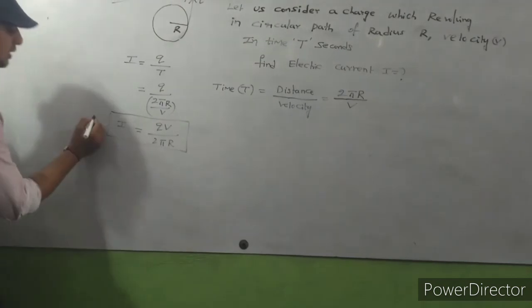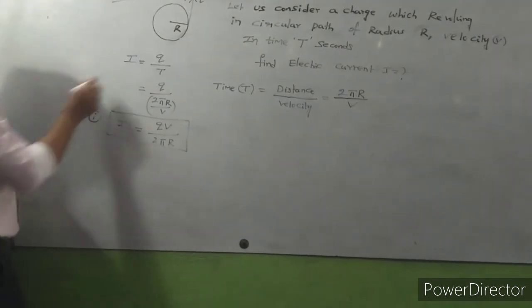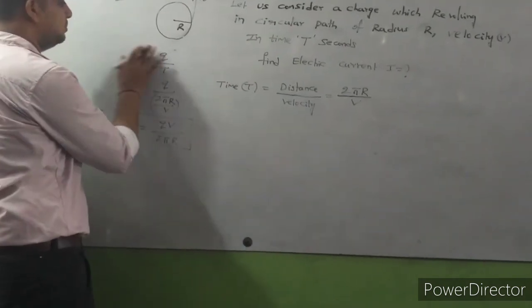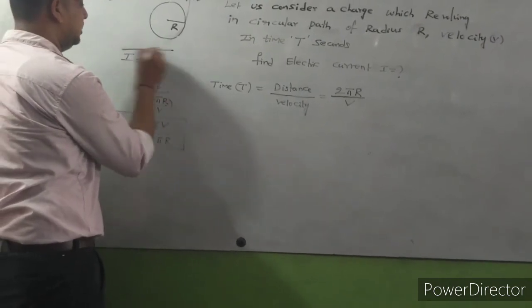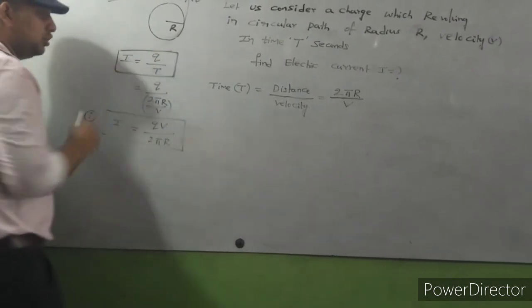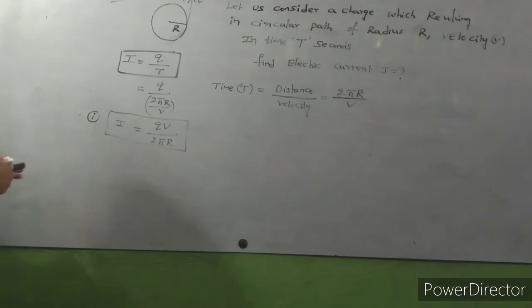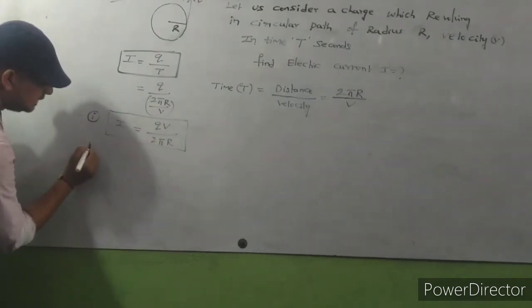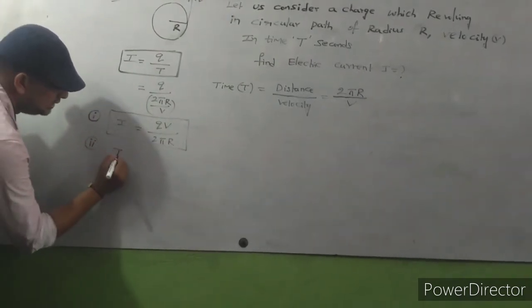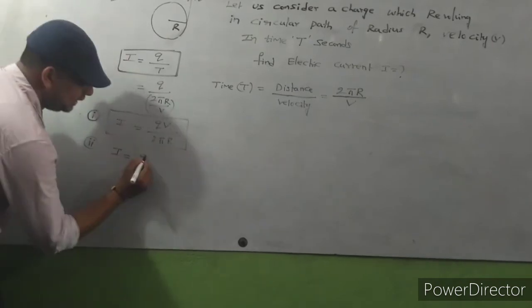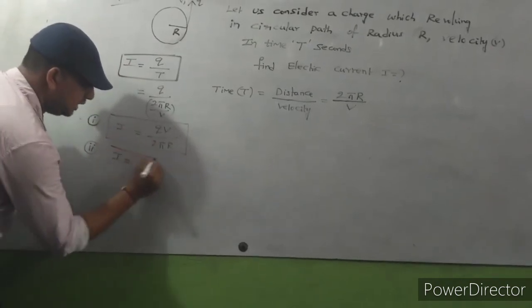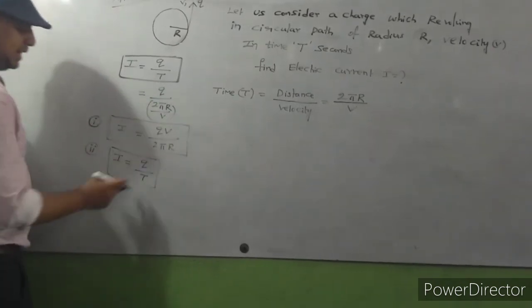This is one formula, and one more formula we can write. Observe: I is equal to q by t is one formula, where t is the time period.